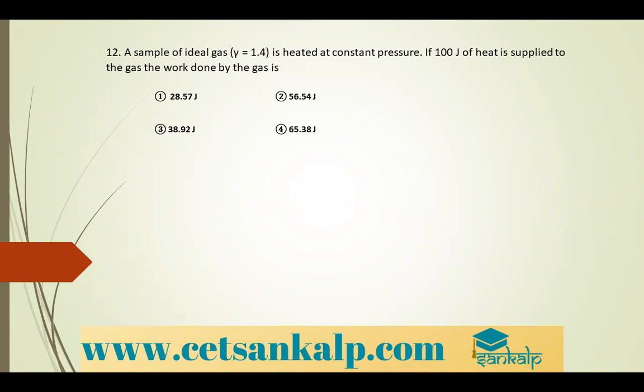A sample of ideal gas is heated at constant pressure. So constant pressure, and the gamma that they've given is nothing but Cp. So you have to please remember that. Okay, so they've given Cp equal to 1.4.